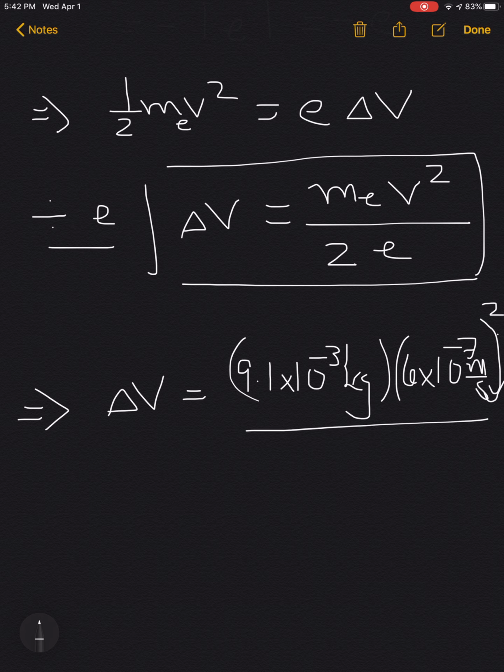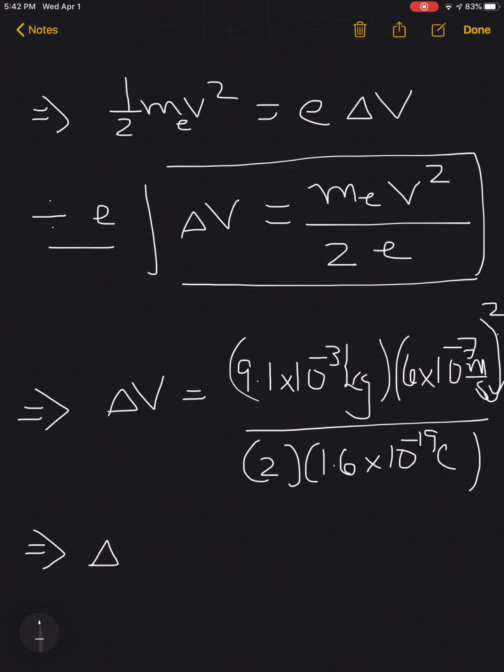This is divided by 2 times the absolute value of the charge, which is 1.6 times 10 to the minus 19 coulombs. You put all of these things together, and you get that the change in potential is 1.02 times 10 to the negative 24 volts.